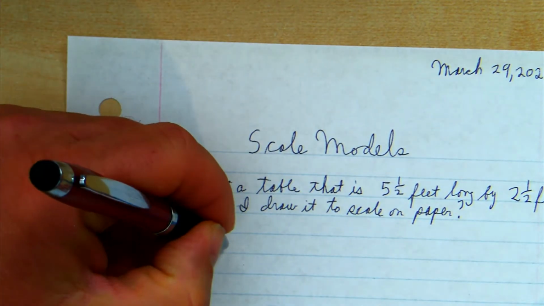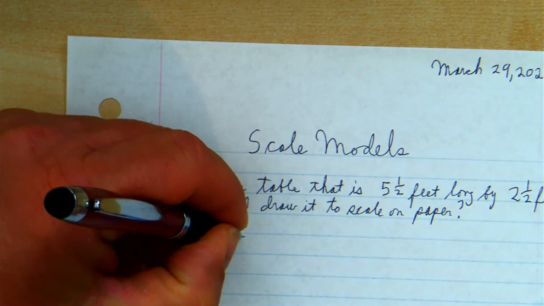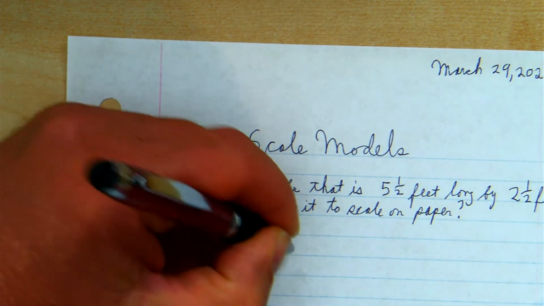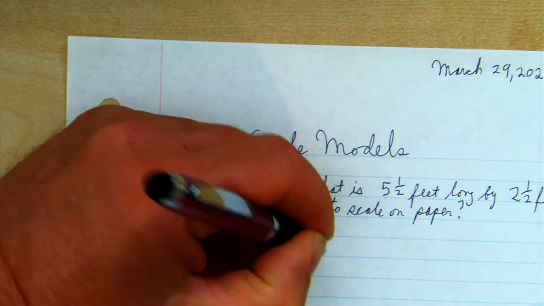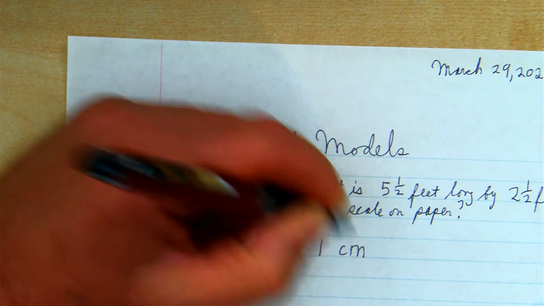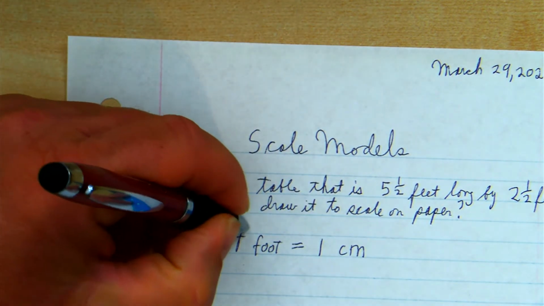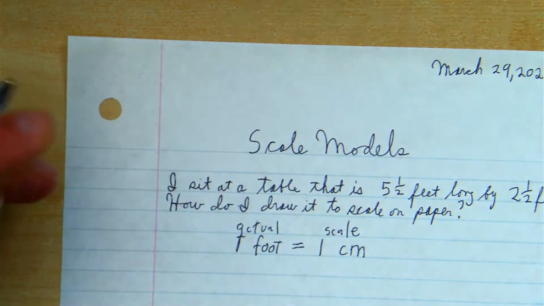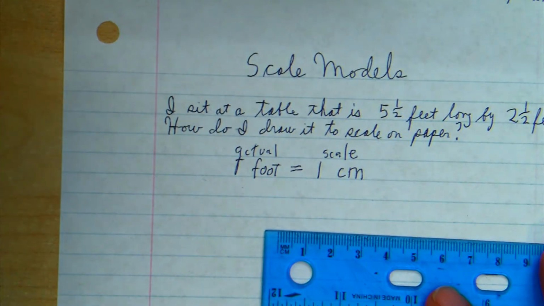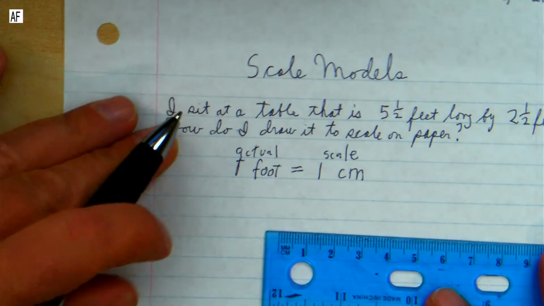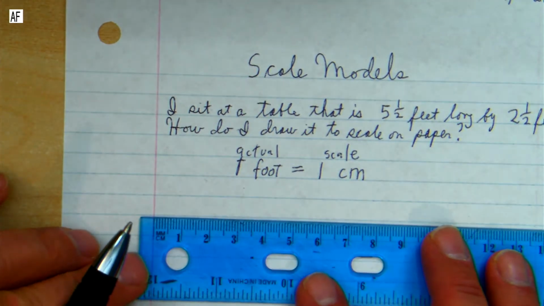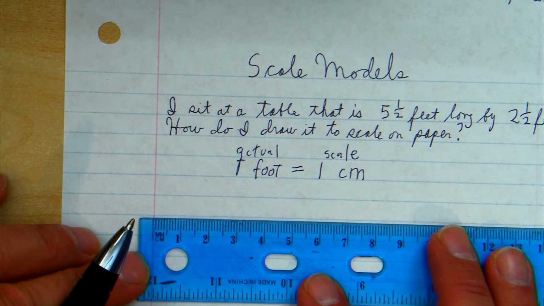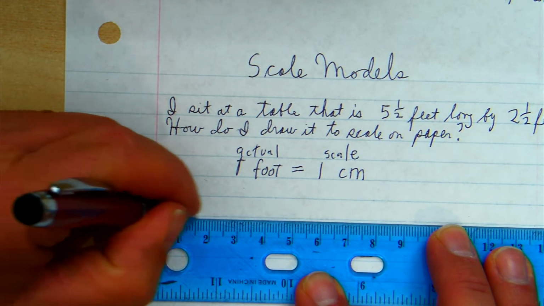So my scale is 1 foot actual real life equals 1 centimeter on the scale. So actual and scale. Then to create this scale drawing, well, I just pick some origin and measure off a distance of 5.5 centimeters.